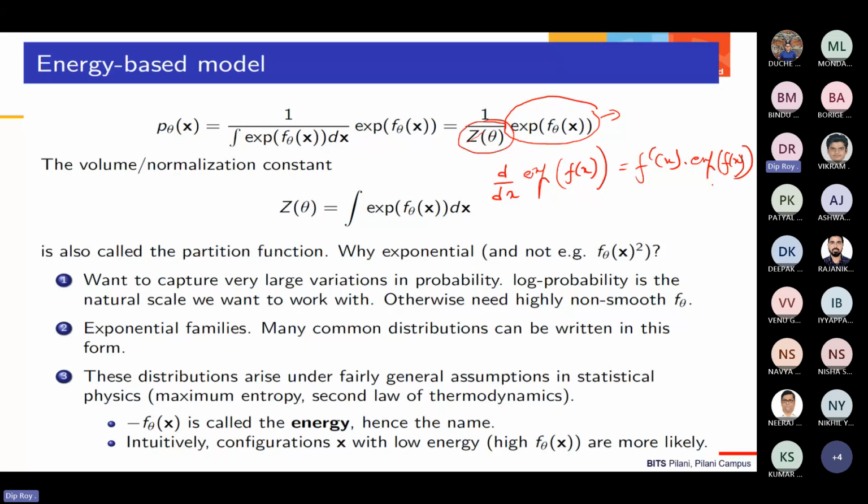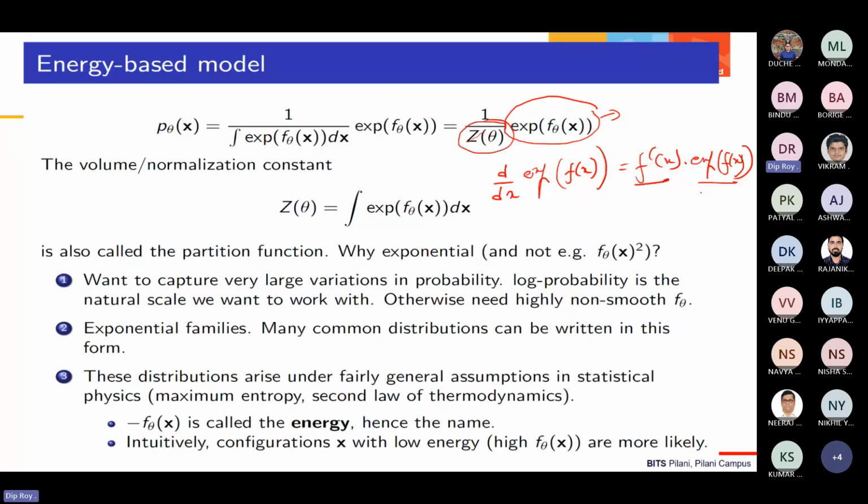This means that the rate of change of the exponential function is proportional to both the slope, which is this, as well as the current value of the function. So even if f of x changes slightly, exponential of f of x can change a lot, especially if f of x is already large, positive or negative.